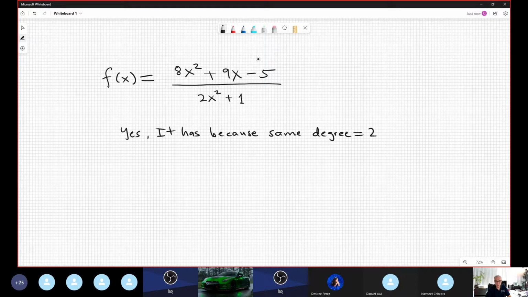Second question: at what value? The value is 4. And where does that 4 come from? That 4 comes from 8, which is dominant, divided by 2. Super.